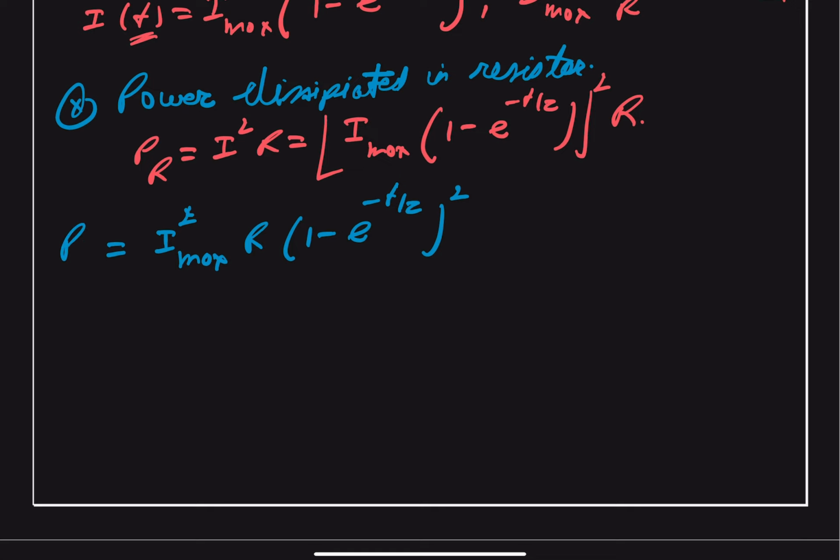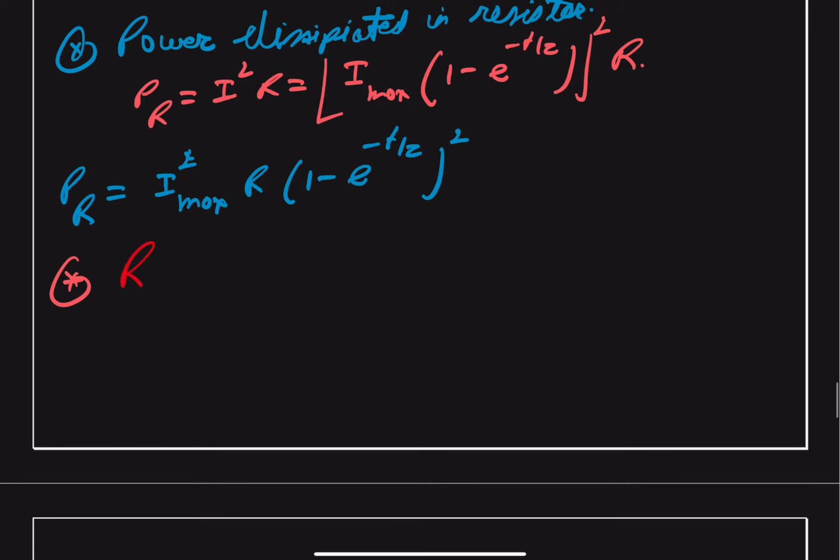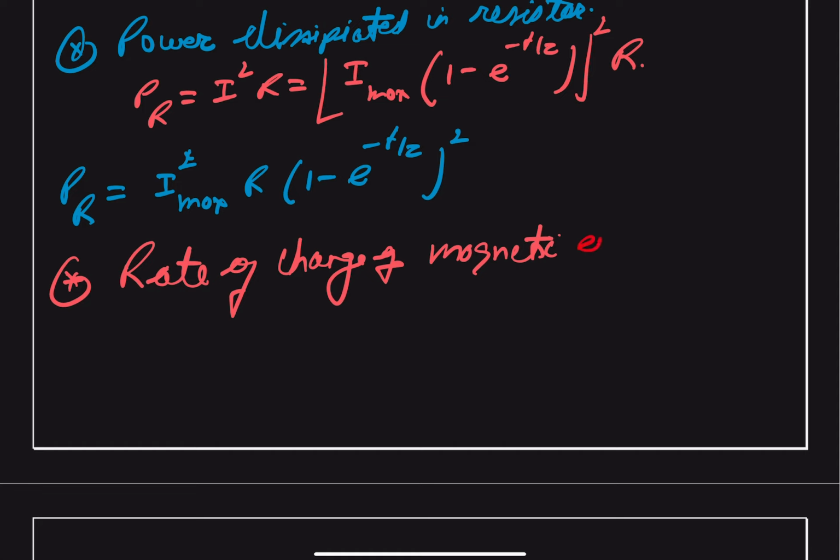This is our power dissipation in the resistor, and we are going to find out now the rate of change of magnetic energy in the inductor.